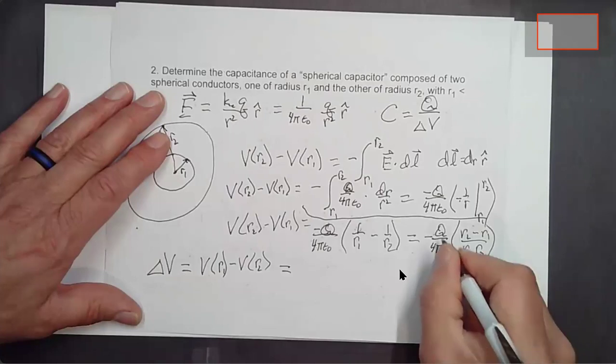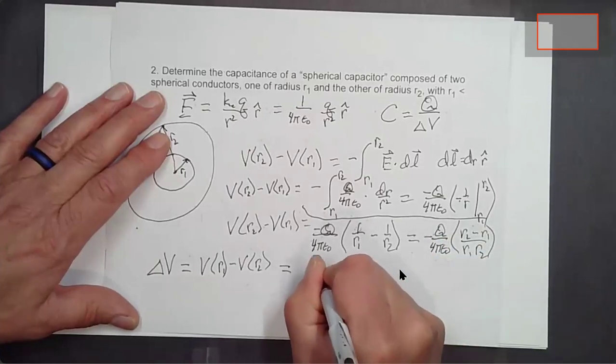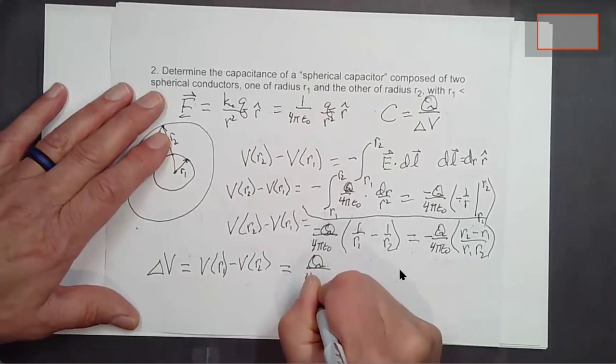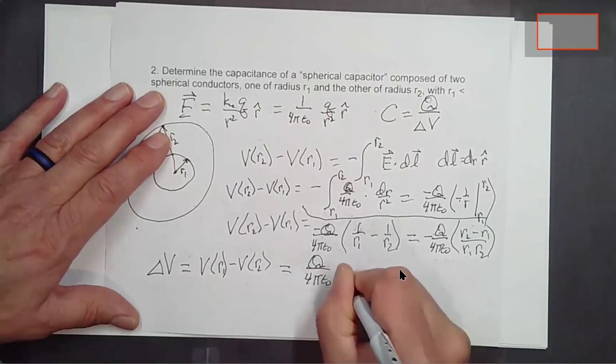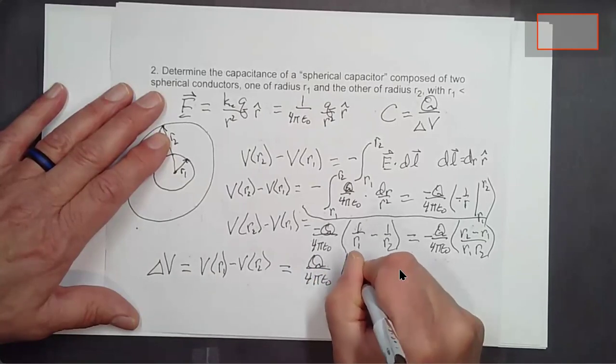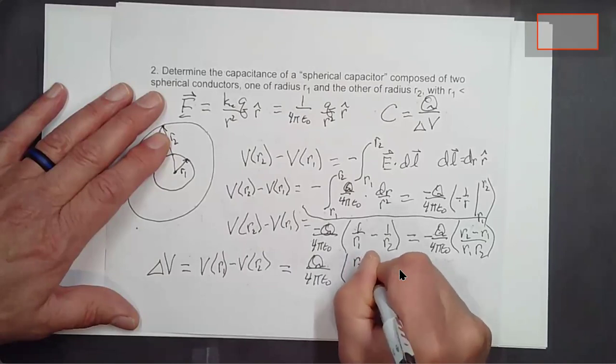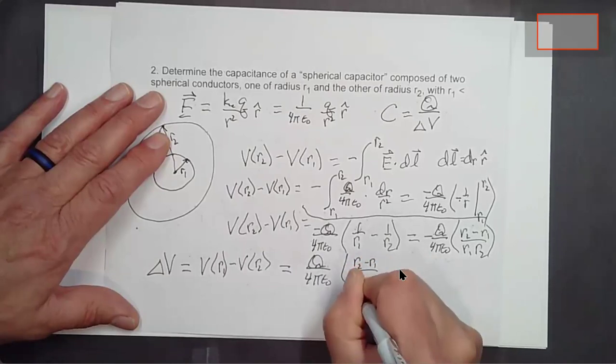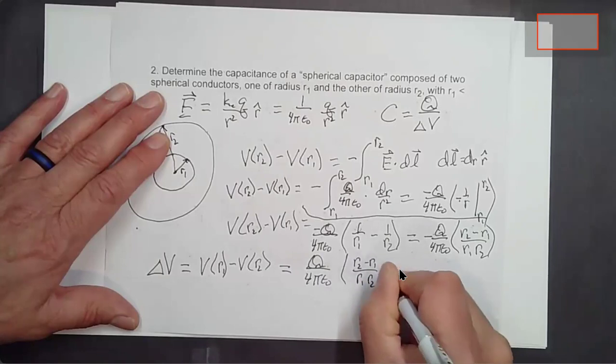That will equal, I'll get a plus sign here, Q divided by 4 pi epsilon naught times that R2 minus R1 over R1, R2.